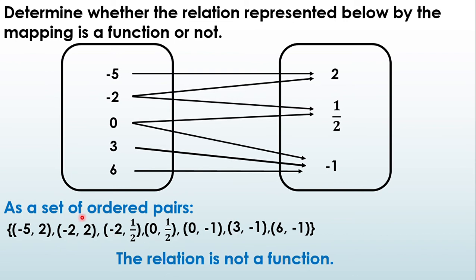So, kahit hindi natin sila isinulat as a set of ordered pairs, dito pa lang malalaman na natin na yung relation is not a function because the domain chooses 2 ranges. So, -2 chooses +2 and +1/2. 0 chooses +1/2 and -1.